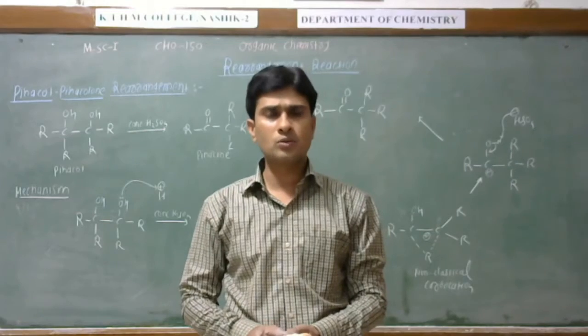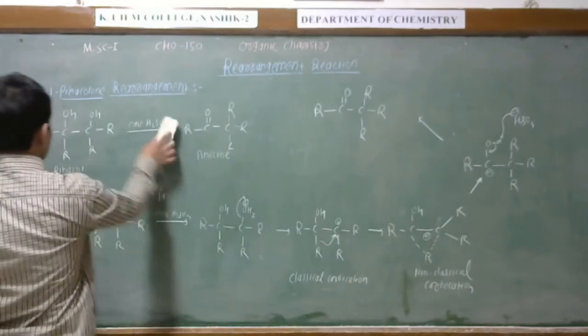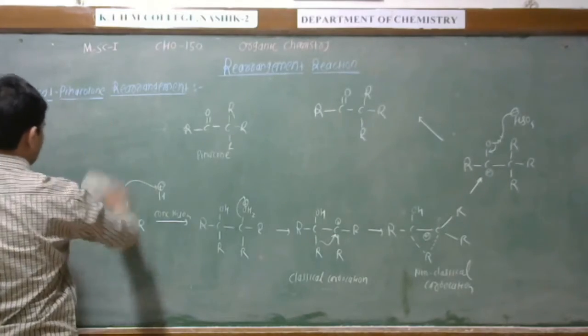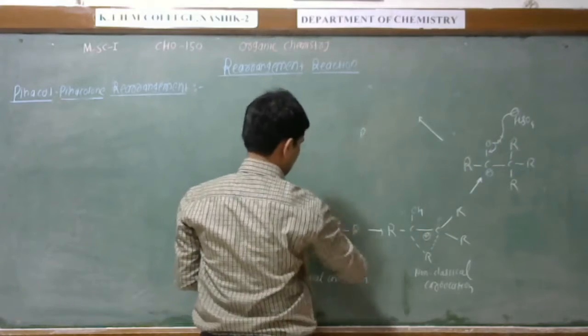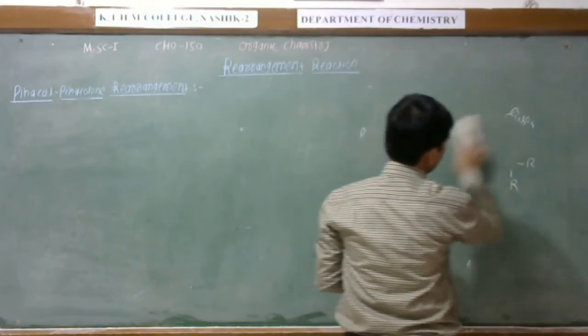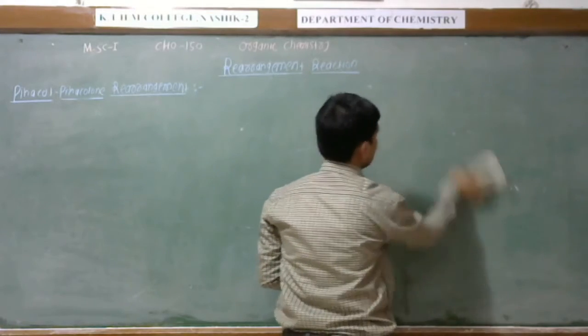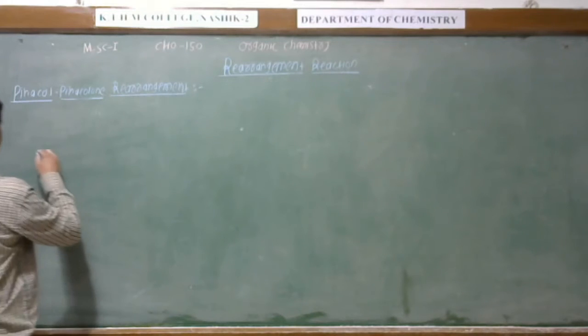Let us discuss now the stereochemistry present in this type of rearrangement. So, what is the stereochemistry in this rearrangement? The migrating group should be antiplanar to the leaving group.